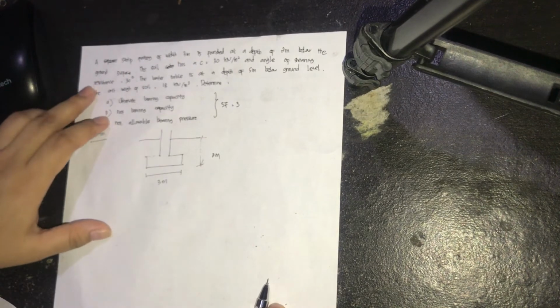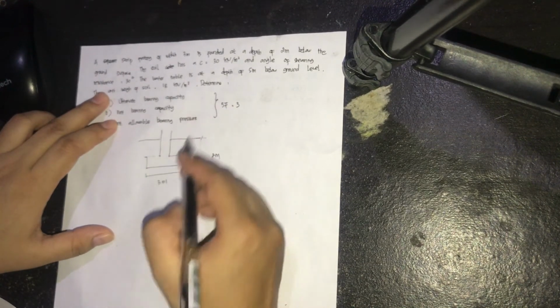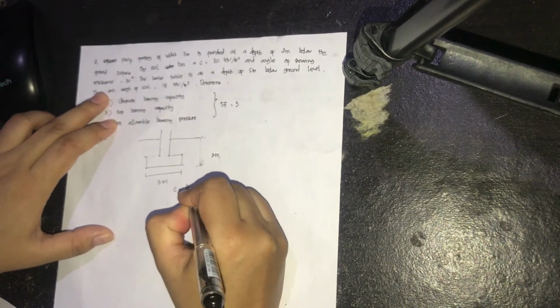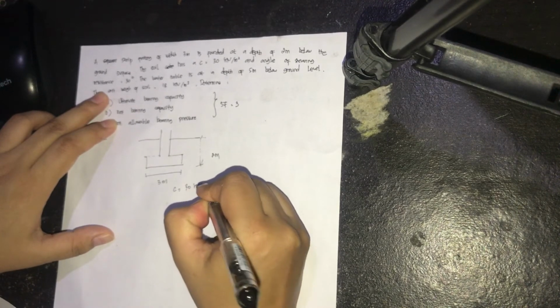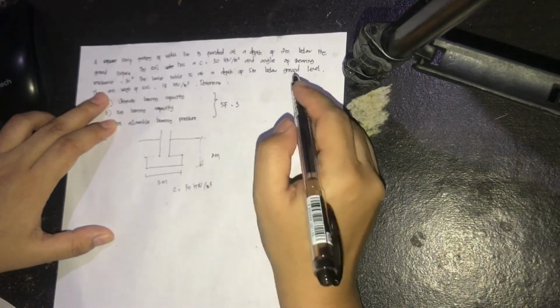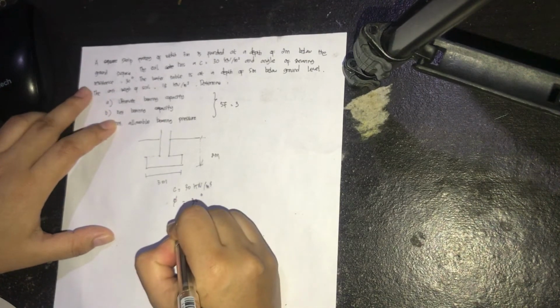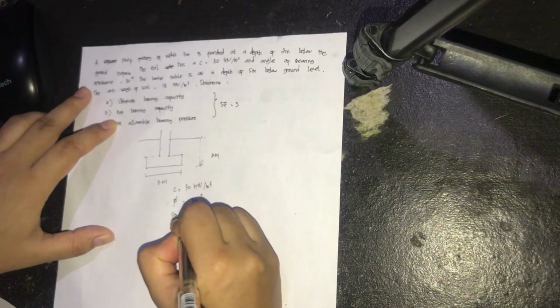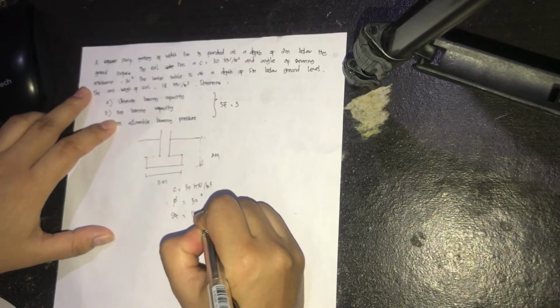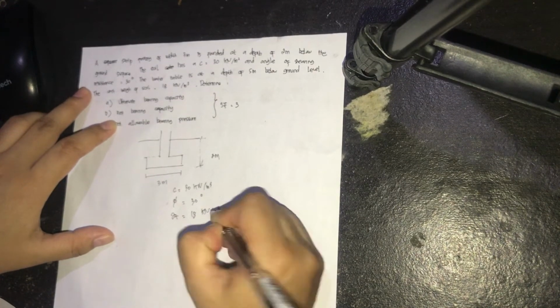And it says the soil has a c equal to 30 kilonewton per meter square, and the friction angle is 30 degrees, and the unit weight of soil equals 18 kilonewton per meter cubic.